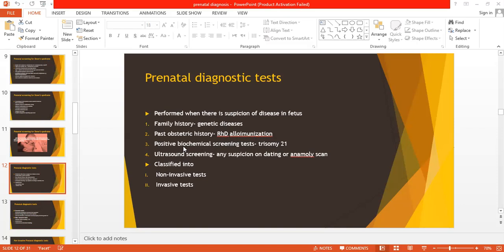अभी जैसे आपसे डिस्कस किया है, if there is a positive biochemical screening test for trisomy 21, then you have to go for diagnostic test. And if on ultrasound screening you find any suspicion, ठीक है, डेटिंग स्कैन पे या एनोमली स्कैन पे। The prenatal diagnostic tests are divided into non-invasive tests and invasive tests.